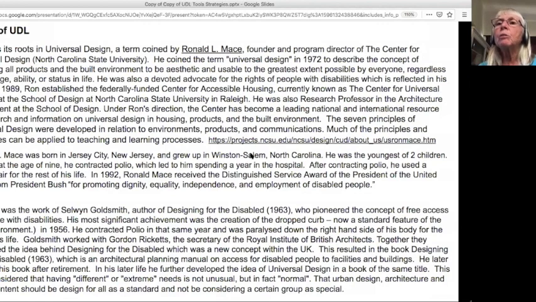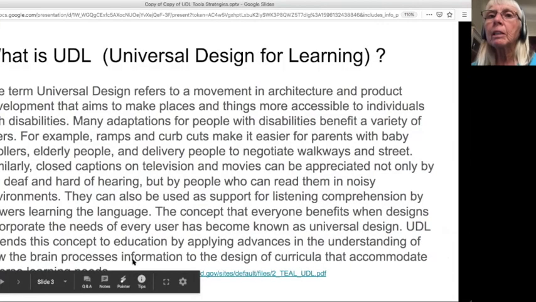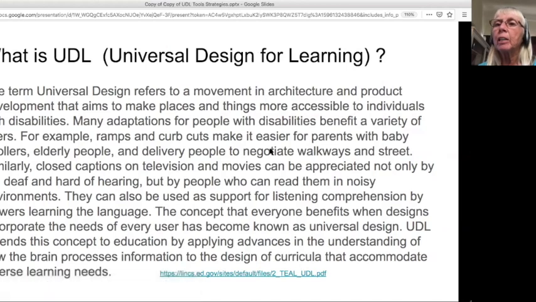Eventually we reached something called the Americans with Disabilities Act, which just celebrated its 30th anniversary this past weekend. Along the way, a small group got together and realized that a lot of this applied to the educational environment as well. So adaptations that were made for persons with disabilities in many functions needed to be in the schools.